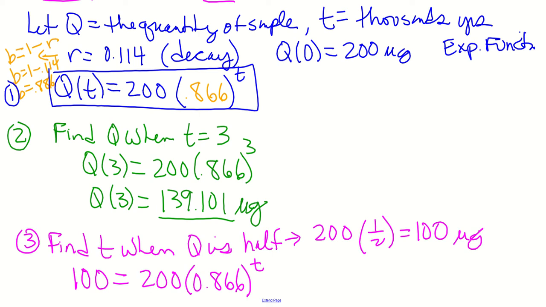And I'm trying to solve that for t. We're going to solve this graphically. So I can graph this as it is, or I can simplify this equation first. If I were to simplify this, I would divide both sides by this 200, and I would get 0.5 equals 0.866 to the t.